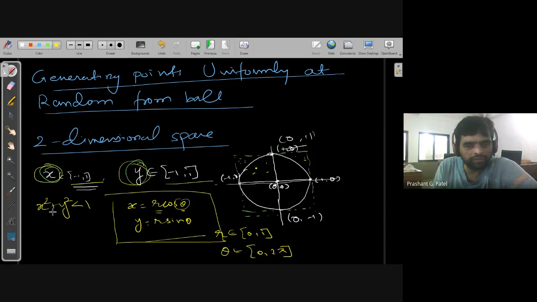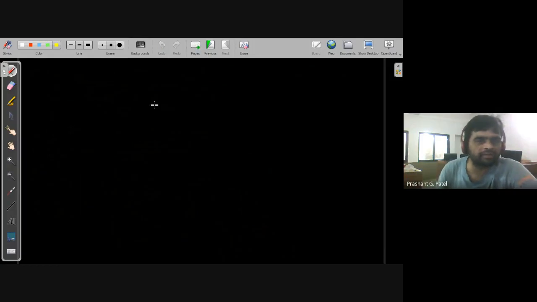To generate that one, we need each and every coordinate to be an independent Gaussian variable. So in the d-dimensional unit ball, there is x1, x2 up to xd. This many variables are there, and each and every variable should be an independent Gaussian variable.